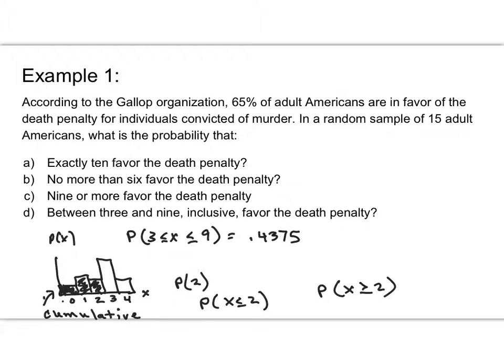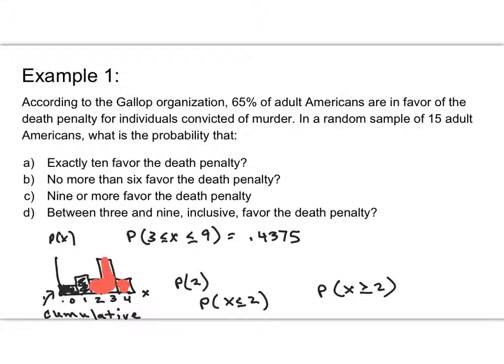If I shade these in with a different color, I'd be looking for these values here. Well, one thing about any probability distribution function is that all of these have to add up to 1.